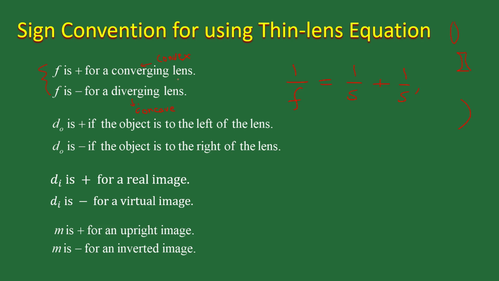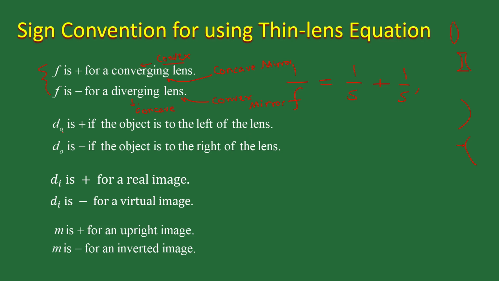For mirror, it's the concave mirror that's converging. And this kind of mirror with this reflecting surface is the diverging mirror. In case of mirror, it's the convex mirror. So for convex mirror and concave lens, F is negative. For convex lens and concave mirror, F is positive.